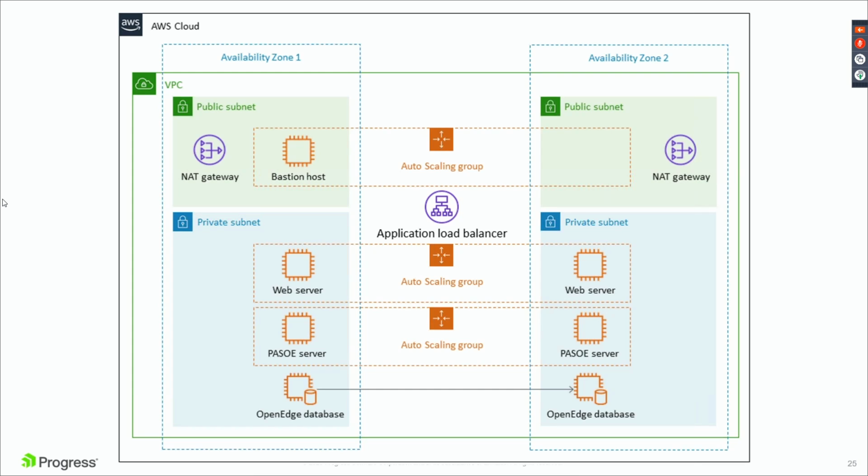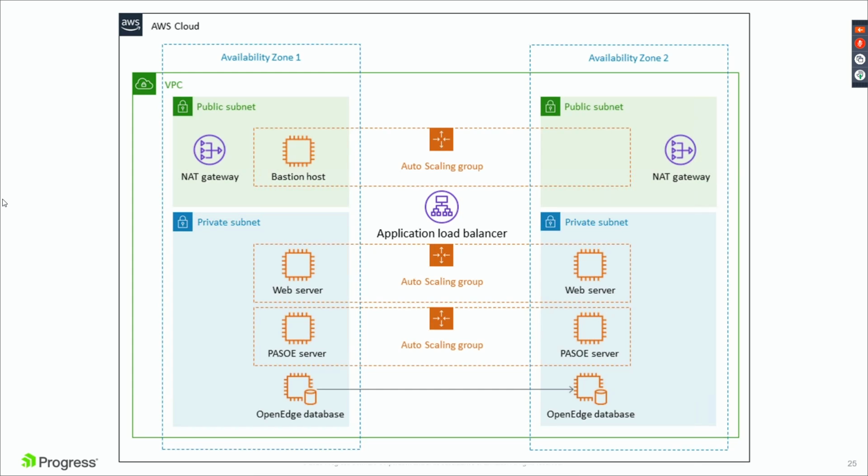The web server and the Apache server, as well as the Bastion host, use an auto-scaling group. These provide basically the ability to launch additional instances based on demand. And then there is a load balancer to access the web server. Actually, there are 2 load balancers, one to access the web server and one to access the PAS for OpenEdge server. For the database, we create multiple instances.